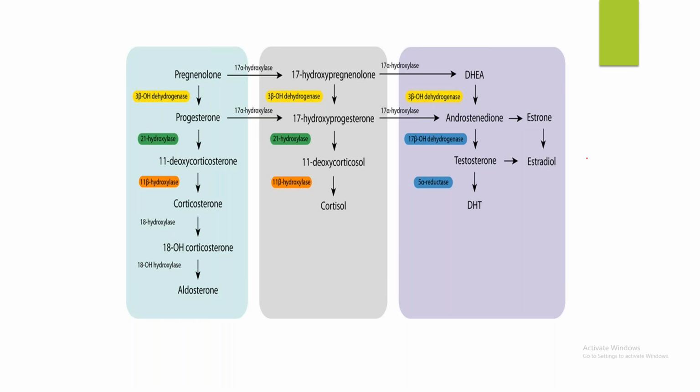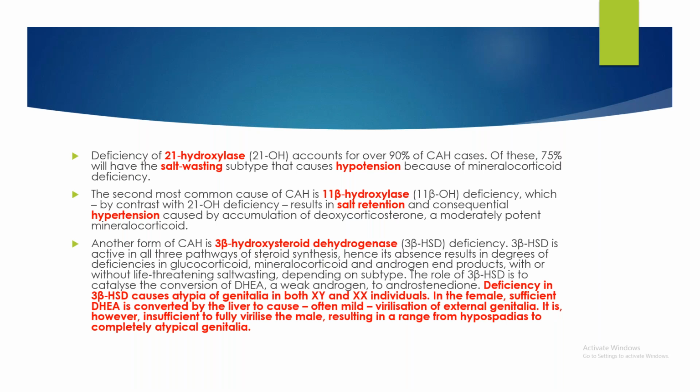In the mineralocorticoid pathway, all these enzymes are necessary: 11 beta hydroxylase, 21 hydroxylase, and 3 beta hydroxysteroid dehydrogenase. This pathway goes into aldosterone, the mineralocorticoid. The next pathway goes into cortisol, and the third pathway goes into the androgen pathway.